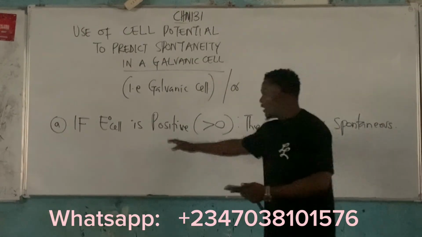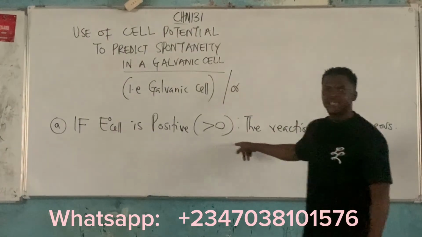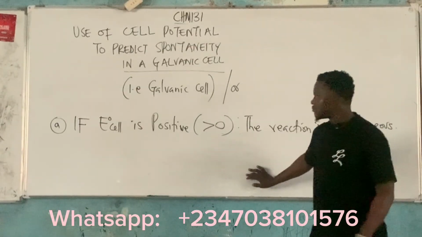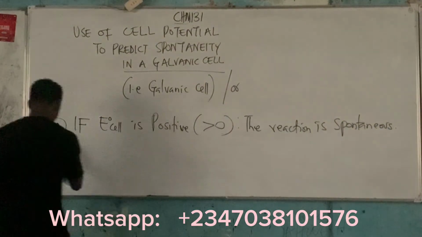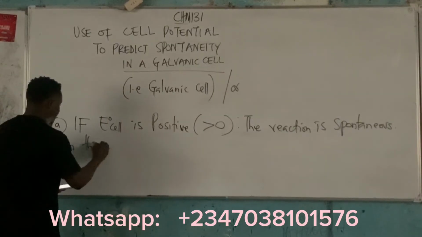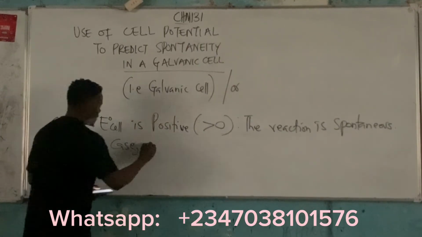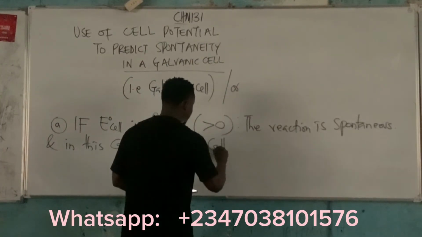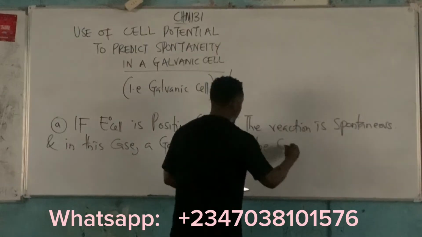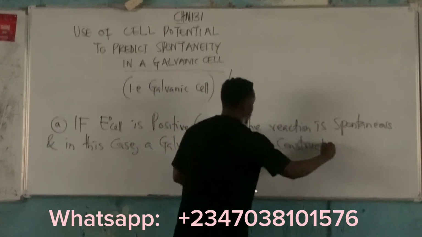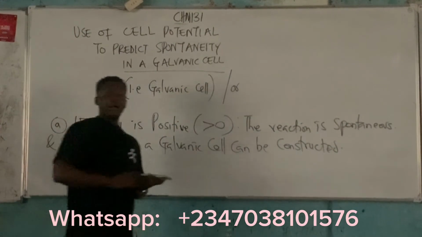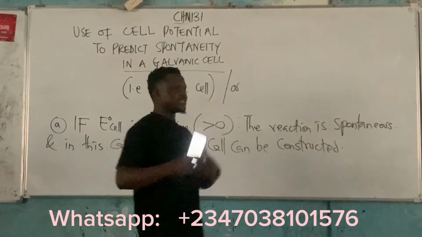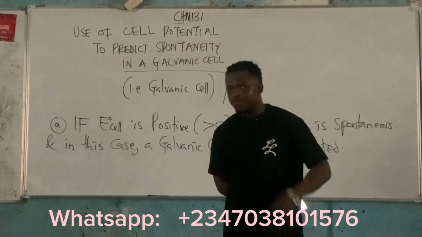If the cell potential is positive, that is greater than 0, the reaction is spontaneous. And in this case, a galvanic cell can be constructed. Remember, I said most of the time they like using the word construct so that they throw you off balance. They are not expecting you to go and start molding blocks.